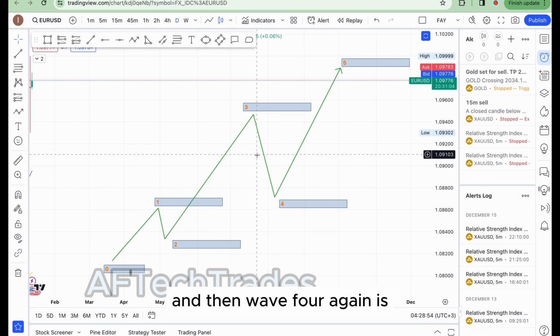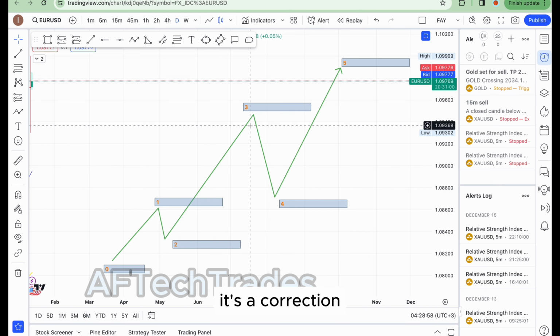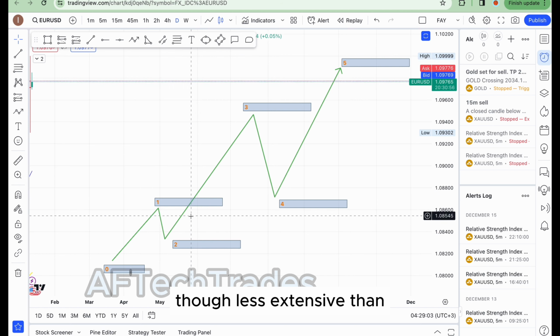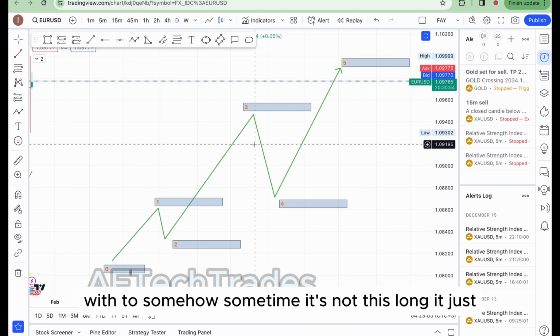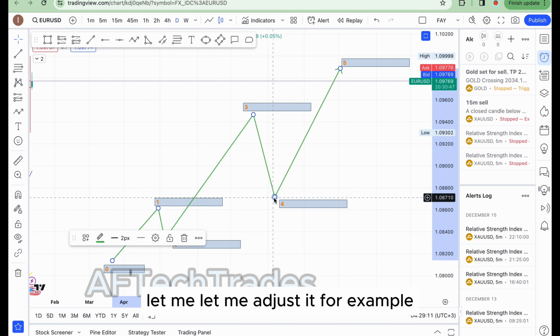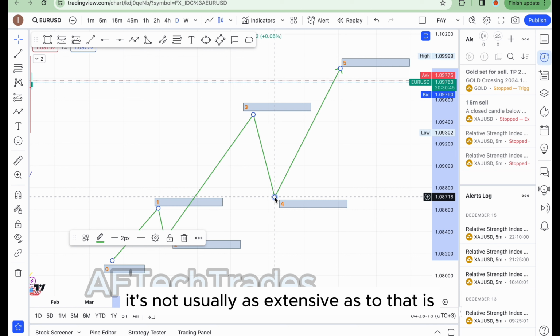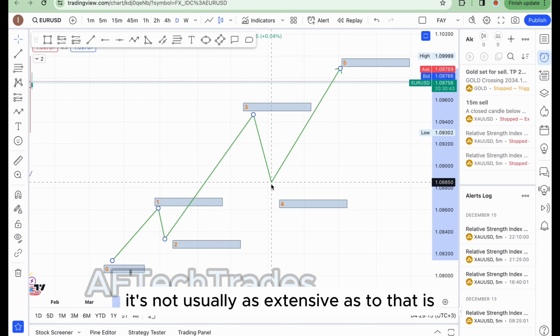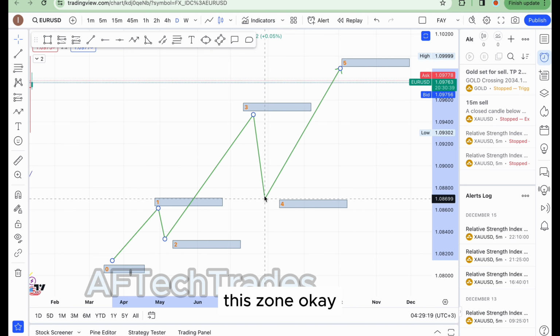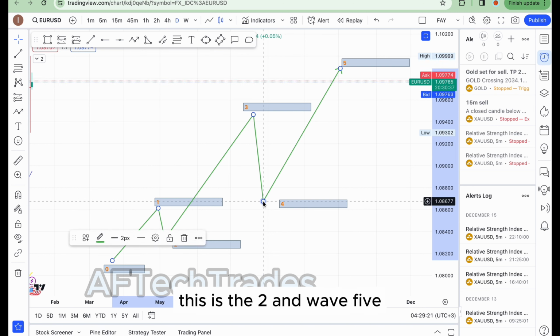And then wave 4 is a correction, though less extensive than wave 2. Sometimes it's not this long. It's usually not as extensive as 2. It cannot go beyond this zone. Okay, this is the 2.